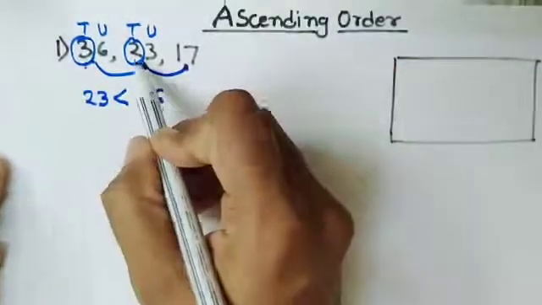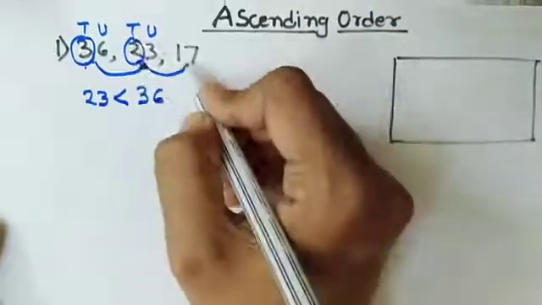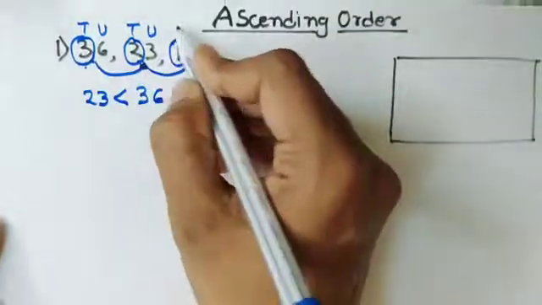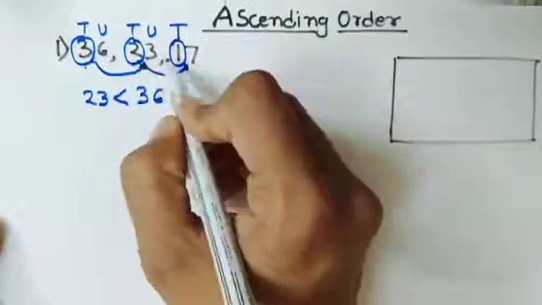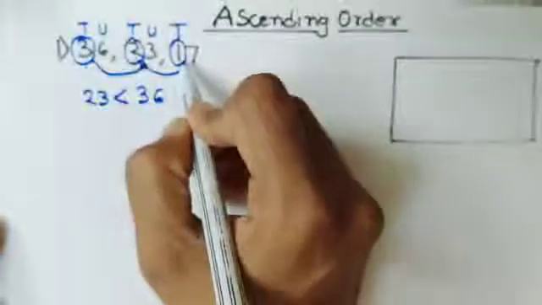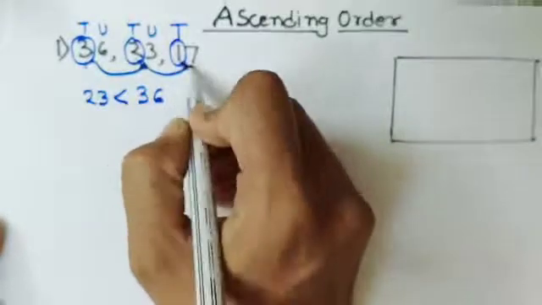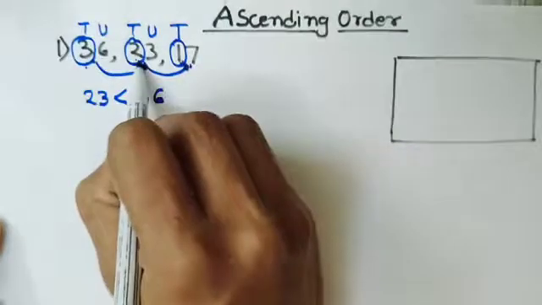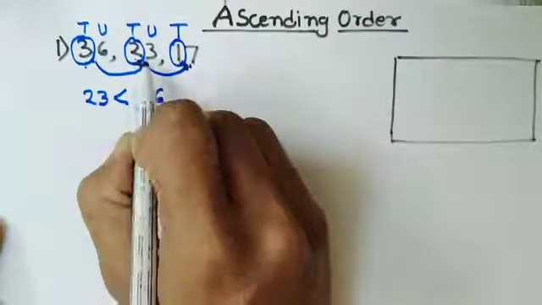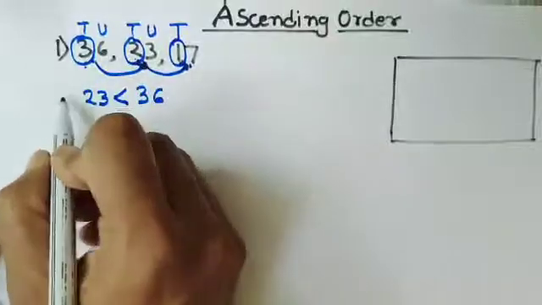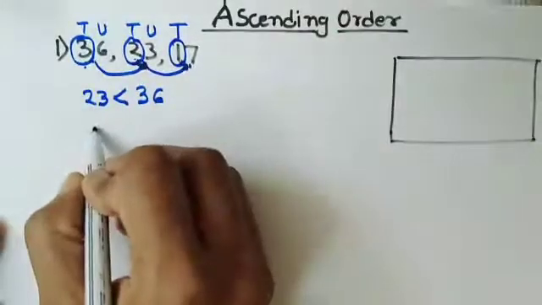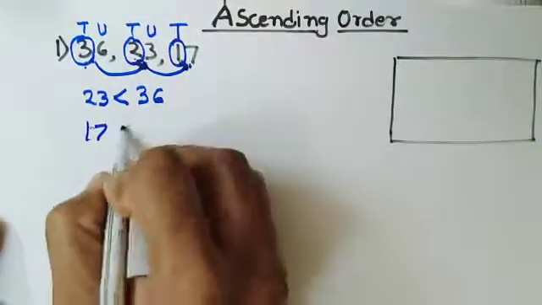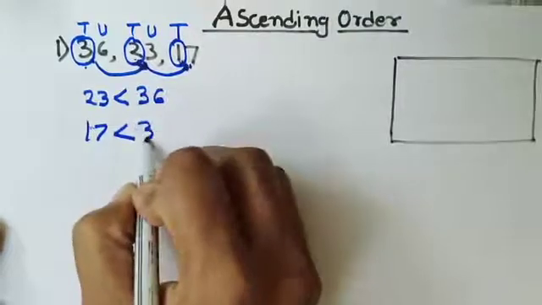In 23 we have 2 at the tens place, and in 17 we have 1 at the tens place. So out of these two numbers, 1 is smaller, means 17 is smaller than 23, means 23 is the bigger number. So we will write here 17 is smaller than 23.